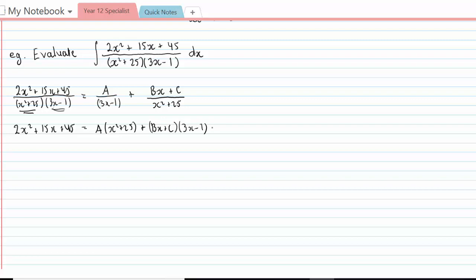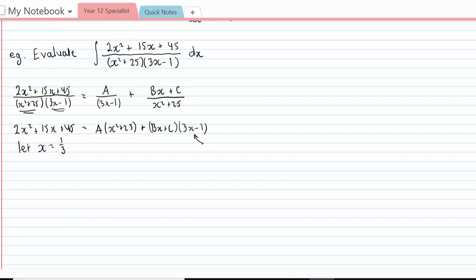I'm going to start off by making x equal 1/3. Now, just so you know, an approach that I could take would be to expand it all out and then compare the coefficients, but I think this is perhaps a nicer way to begin with. If we make x equal 1/3, that's going to make this bracket here just equal 0.